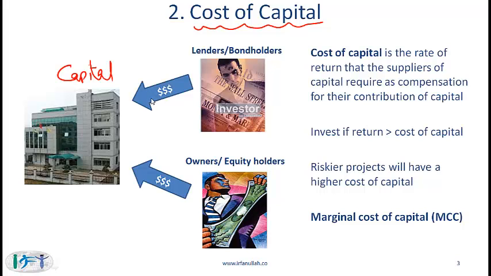There are two primary sources of capital: debt, which is money coming from lenders, or equity, which is money that is contributed by owners. When a lender lends money to a company, obviously he is expecting a return. The return that the lender expects is a cost from a company perspective.